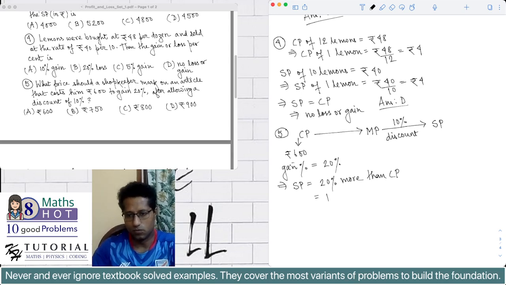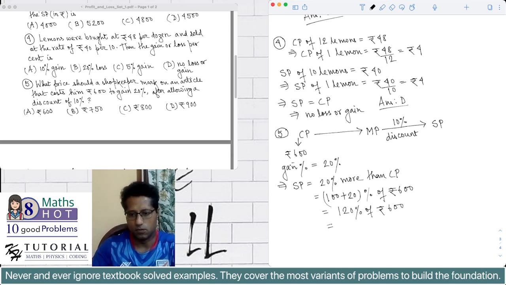This is equal to 20% more, that means 100 plus 20% of CP, which we know is rupees 600. This is equal to 120% of rupees 600, which is 120 divided by 100 multiplied by rupees 600.